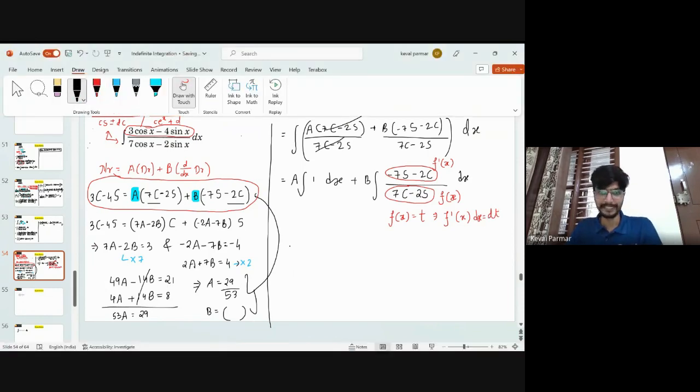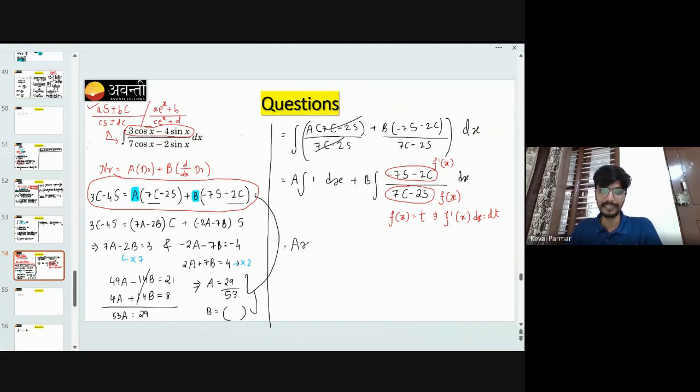So here I'll get ax, 1 का integration is x, plus b into integration of 1 upon t dt. That means ax plus b into 1 upon t का integration log mod of t. What was t? F of x. What is f of x? 7 cos minus 2 sin plus c.